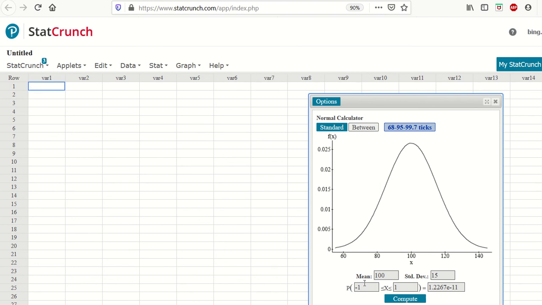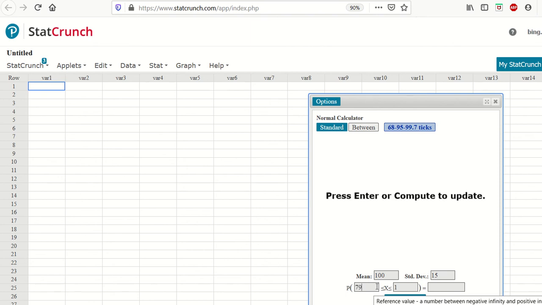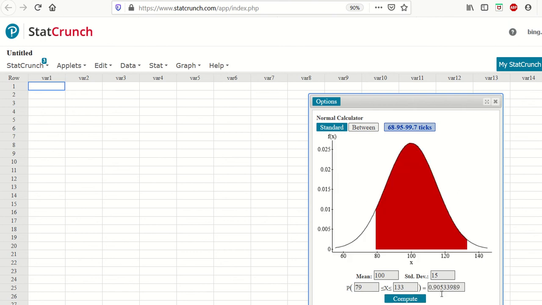Okay, so the lower bound is 79, and the upper bound was 133. Compute. Here it gives you the area in between those two values, 0.9053.